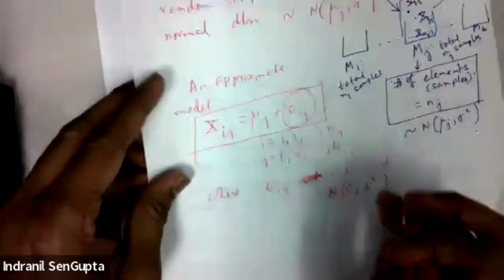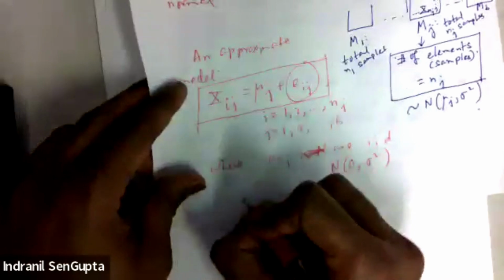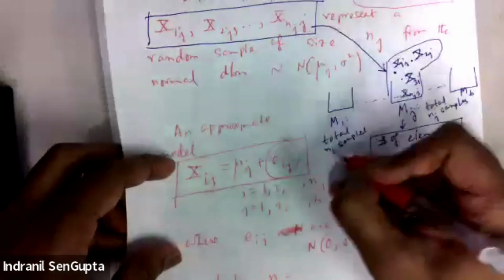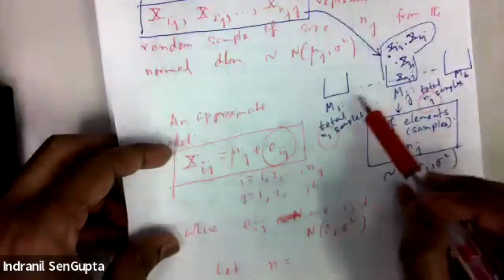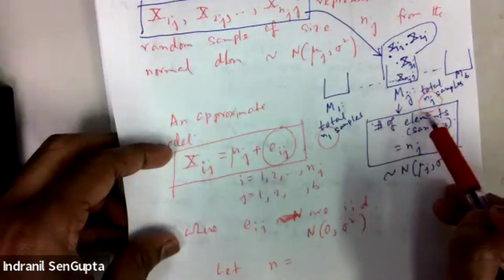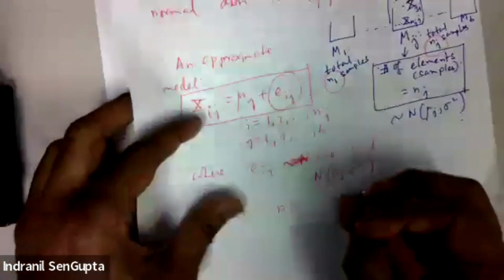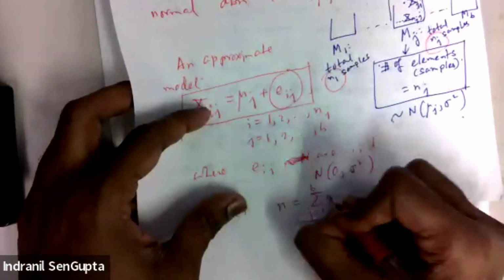And one more notation, and I know that it's a lot of notation, but let me just write one more. So let n be equal to, so there are n1 here, nj here. For the second bucket, there are n2 elements. For the third bucket, n3 and so on. So the total number n is given by the sum over j from 1 to b of n sub j.